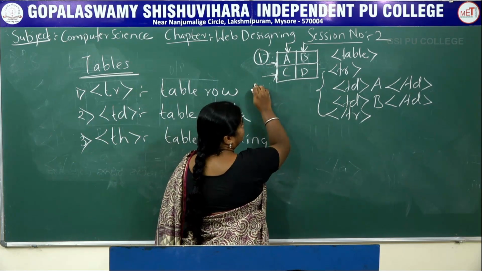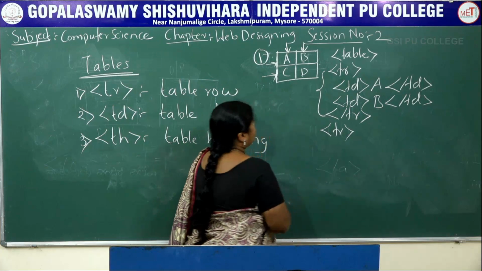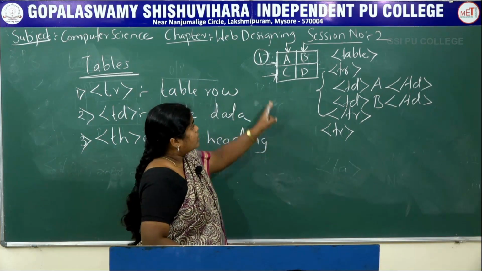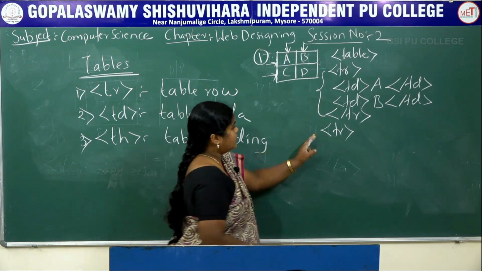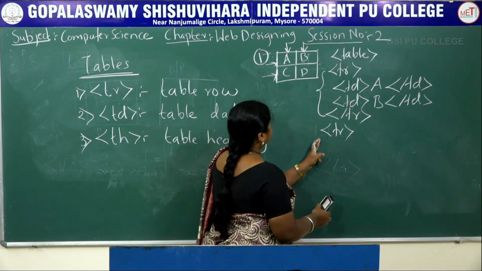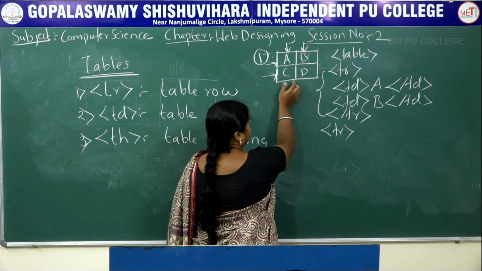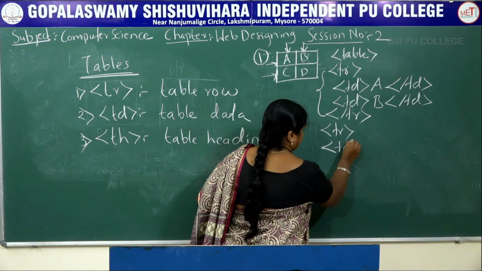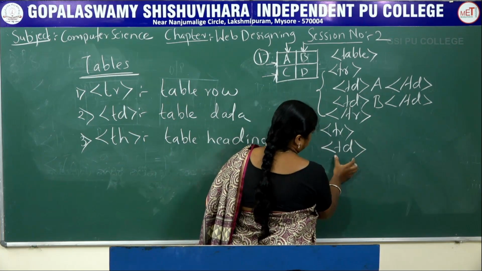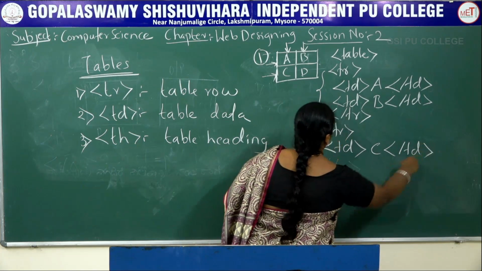Now let's see how to write the code for the second row. As usual, as we start the row, we use tr, the opening tag. In this row, the first column is c, so we take td, then c, then slash td.